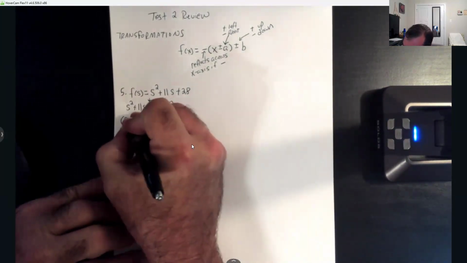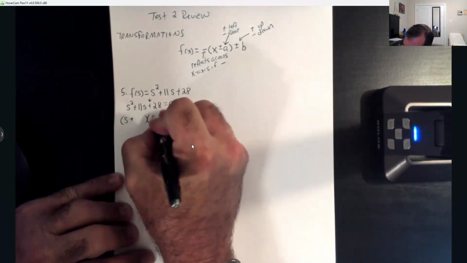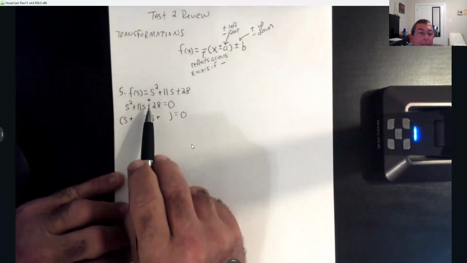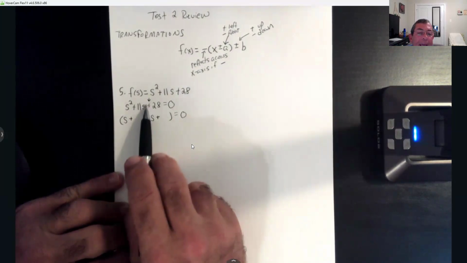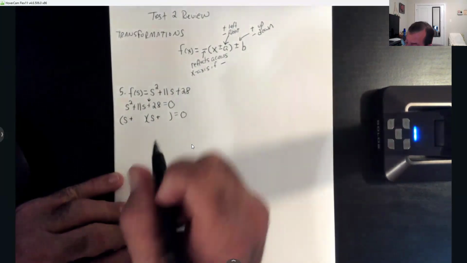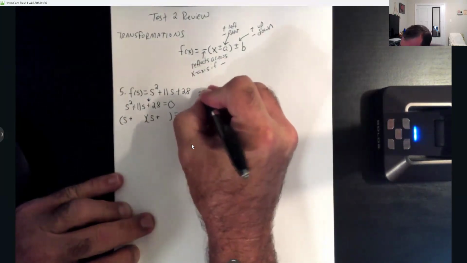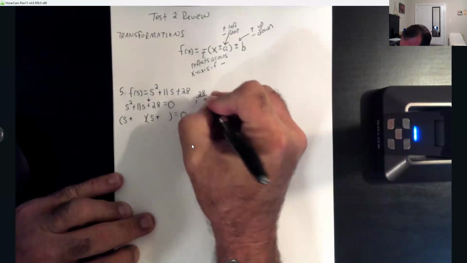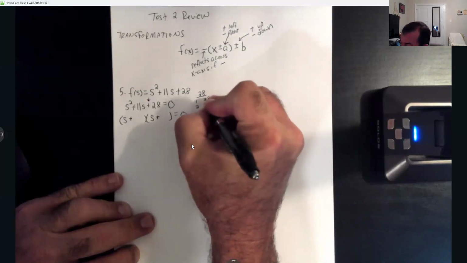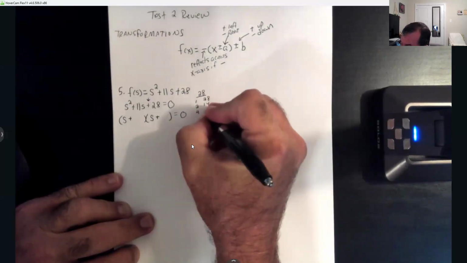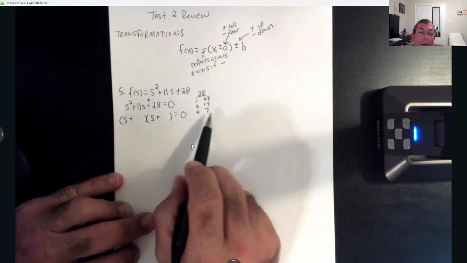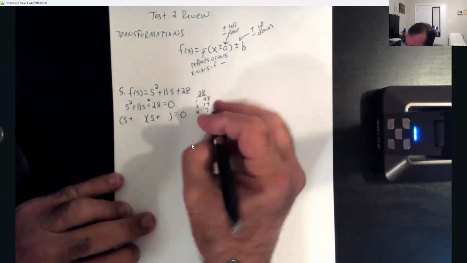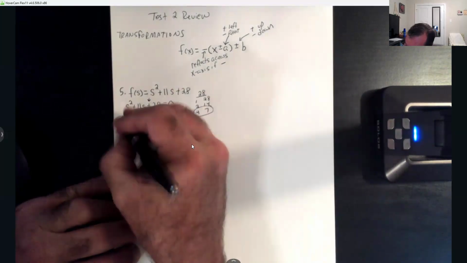So both of these will be positive. And then you find factors of 28 that add to get 11. So y'all, 28 is 1 and 28, 2 and 14, 4 and 7. The pair of factors that add to get 11 would be 4 and 7.